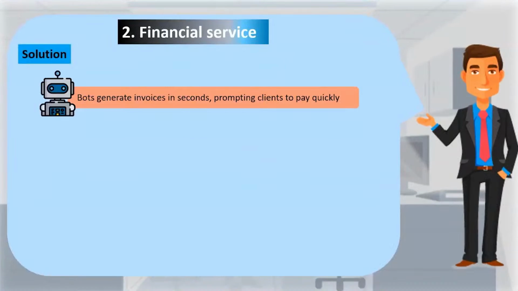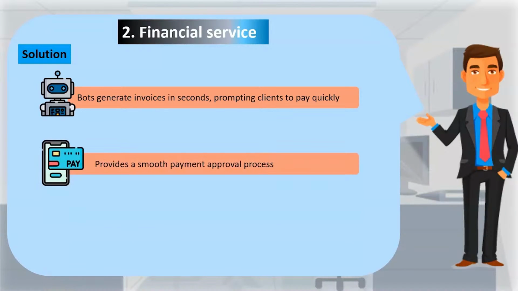Solution: robots can generate invoices in seconds, prompting clients to pay more quickly. RPA in financial services tracks, standardizes and validates payments, processes orders and avoids errors, and is always on top of things. Such a disciplined assistant makes the customer's experience less stressful, adding value to the service provider.